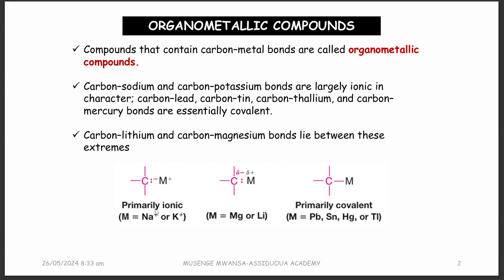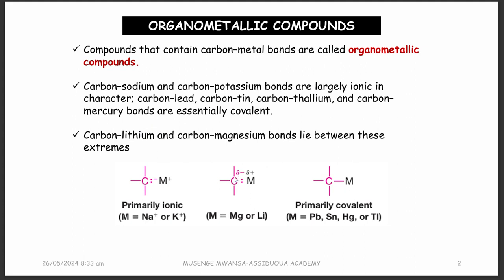For example, you can have a metal, you can see something like this, the metal. Metal can be anything, sodium, potassium. When the carbon is attached to sodium or to potassium, those bonds are largely ionic.